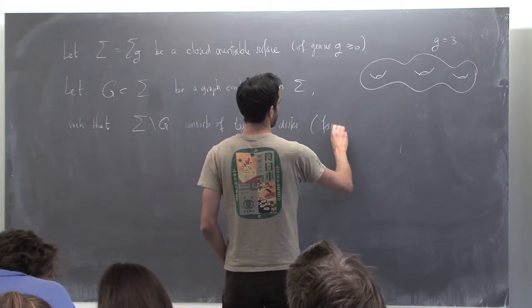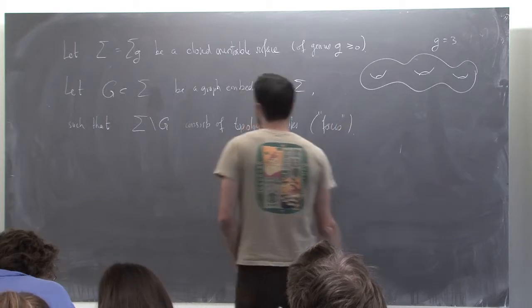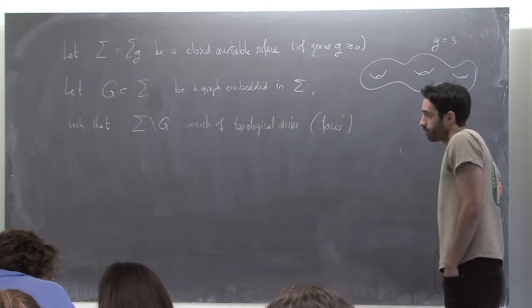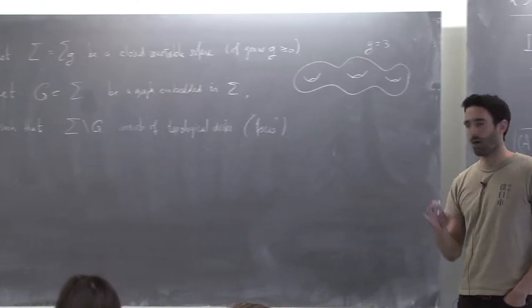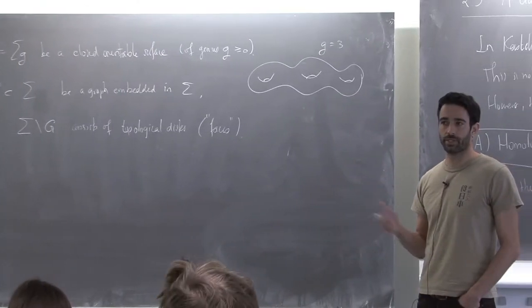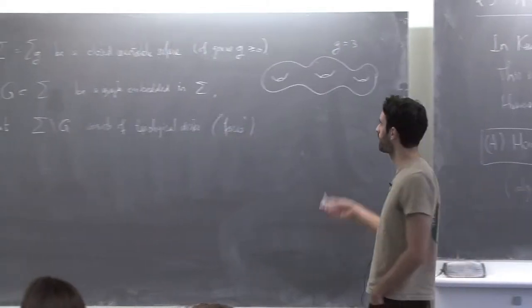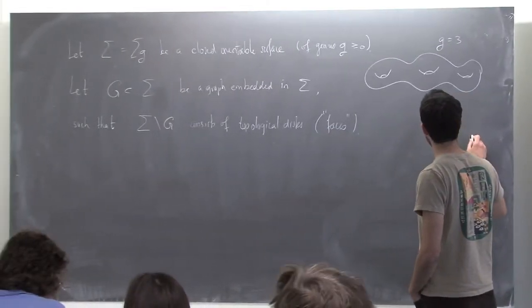That we call faces. Okay, so this simply means that I want the graph to approximate my surface sufficiently well. Okay, so for example, a counterexample would be something like that.